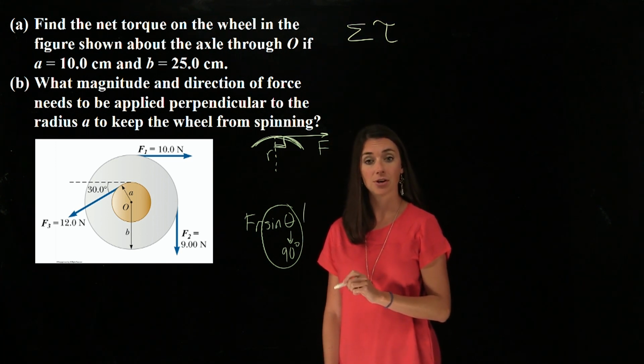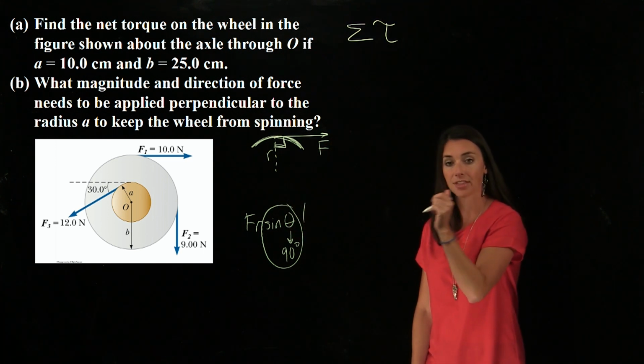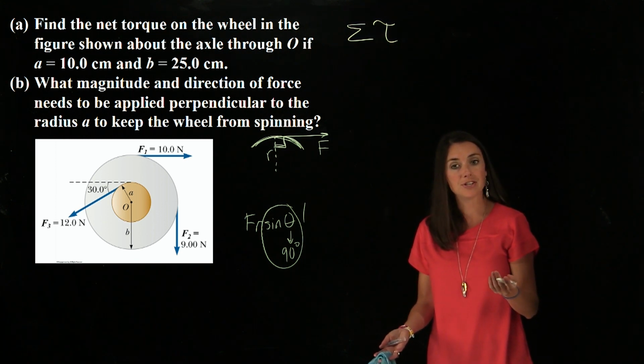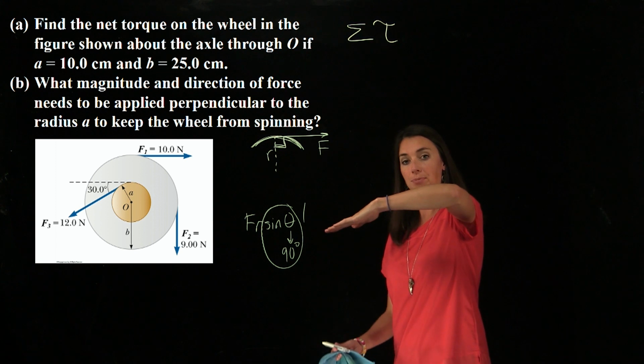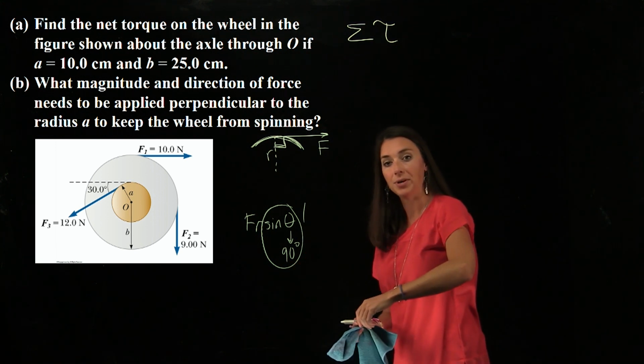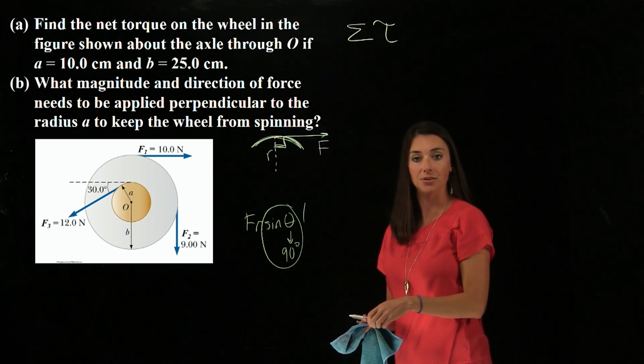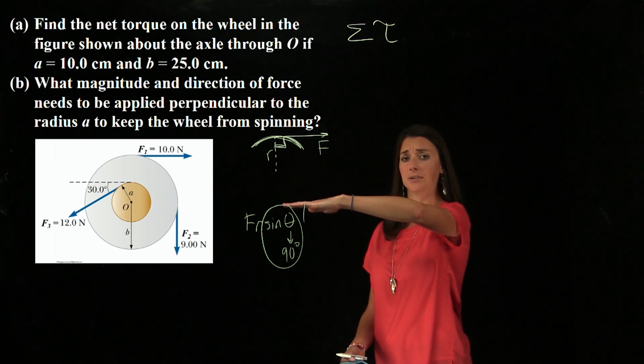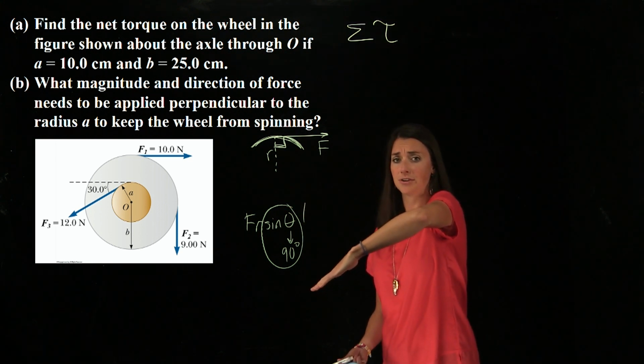Okay? So if we look at the other forces here, the 30-degree angle that's given is just extra information, because if you really look at it, if you're pulling that side on the wheel, it's still perpendicular to the axis A. It just happens to be, if you had a horizontal line here, that force is 30 degrees below it.